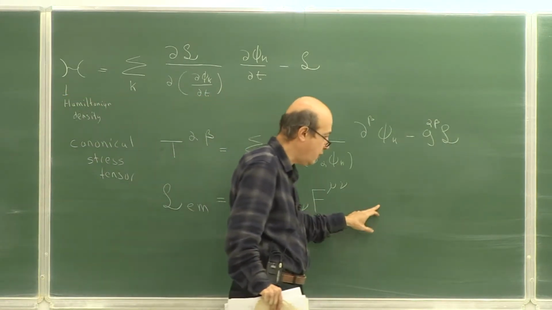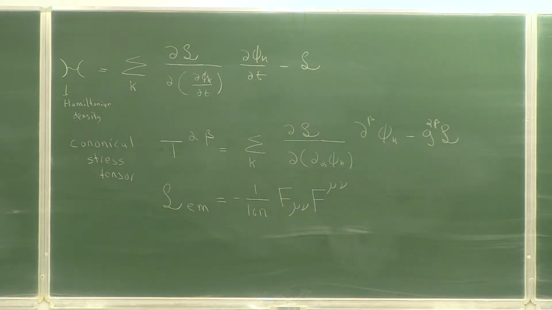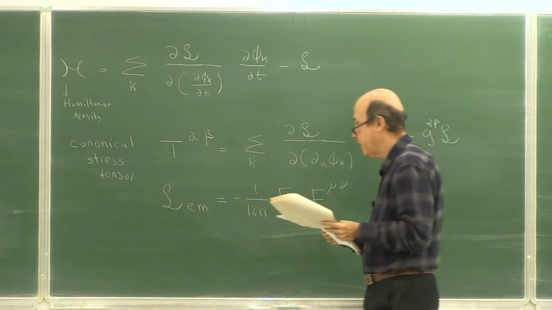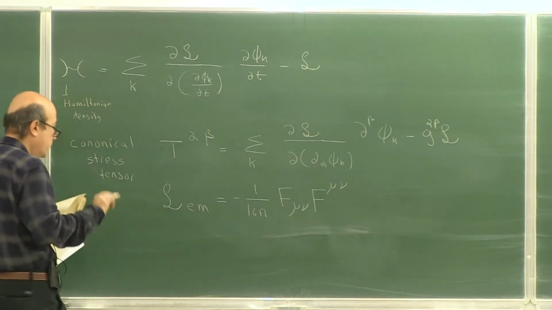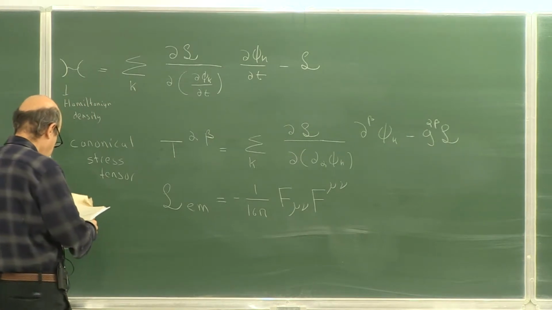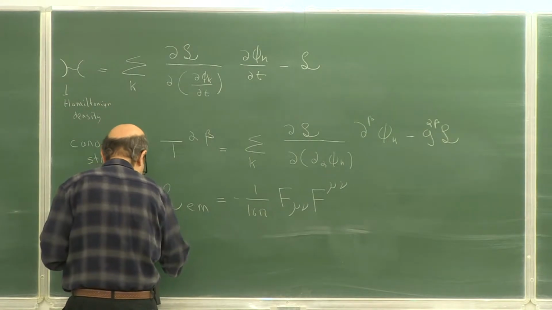The source term was related to the current density, the scalar product of the current density with the four potential. So let us ignore that at this point. What are the elements of this Lagrangian density?